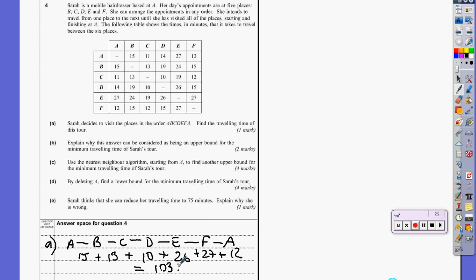1 mark, not much. B. This is your classic. Explain why this answer can be considered as an upper bound for a minimum travelling time of Sarah's tour. The main reason being that any tour is an upper bound. Okay, there's 1 mark.